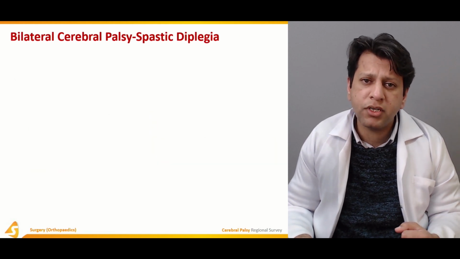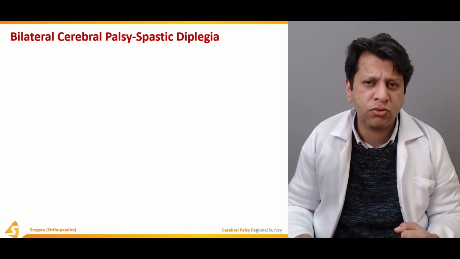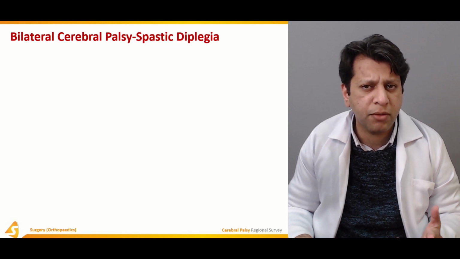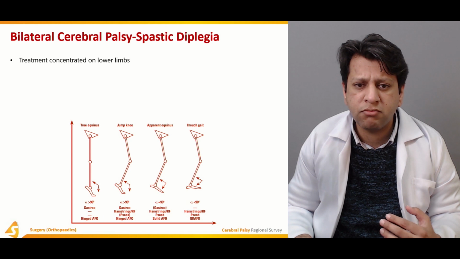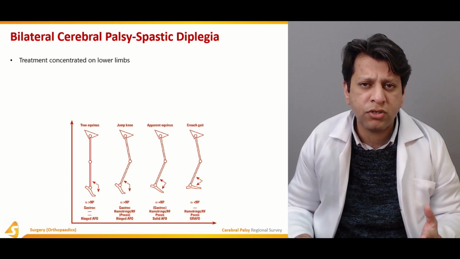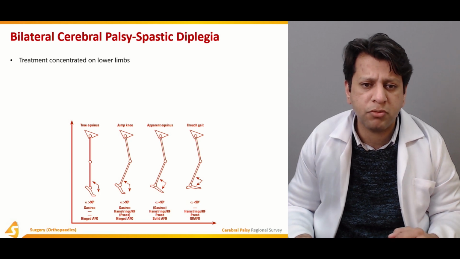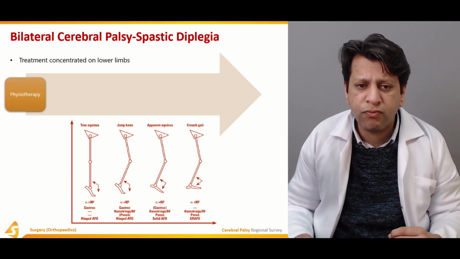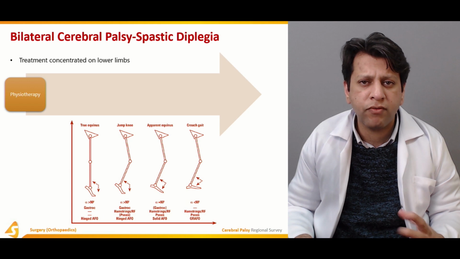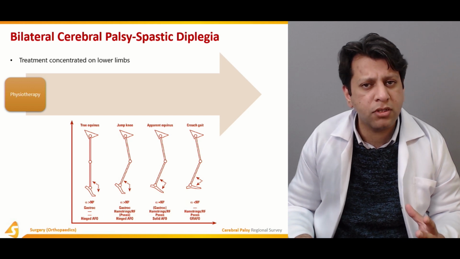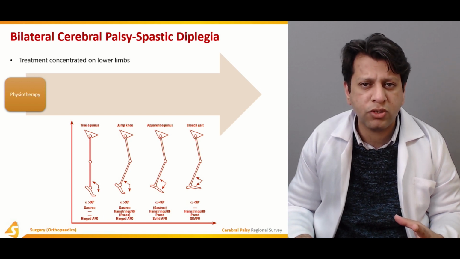If the child presents with bilateral cerebral palsy, as I told you, there will be increased problems with the hip joint. There will usually be hip adduction contractures, flexion deformities, and depending upon what kind of equinus is present. Mainstay is physiotherapy. If it's flexible, the first and foremost treatment is physiotherapy of the hip, knee, and ankle.